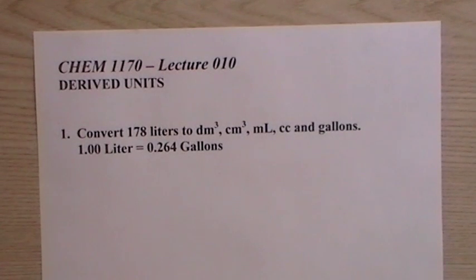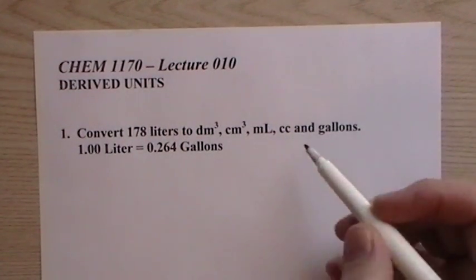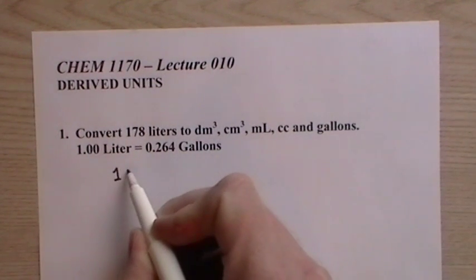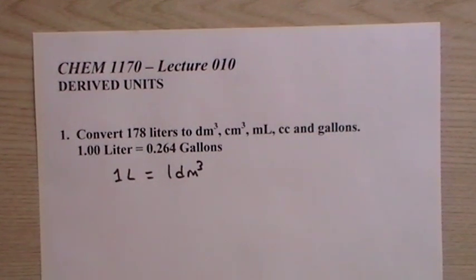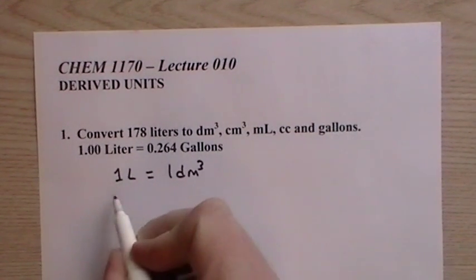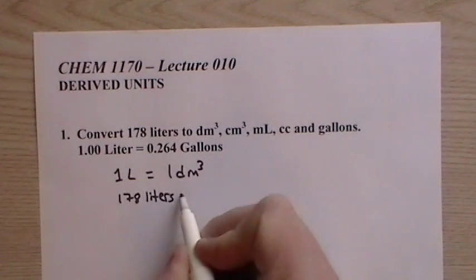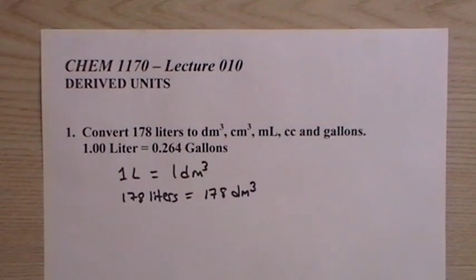Convert 178 liters to decimeters cubed, centimeters cubed, mils, cc's, and gallons. Well, first thing you should know is 1 liter is equal to 1 decimeter cubed. So that means that 178 liters equals 178 decimeters cubed.